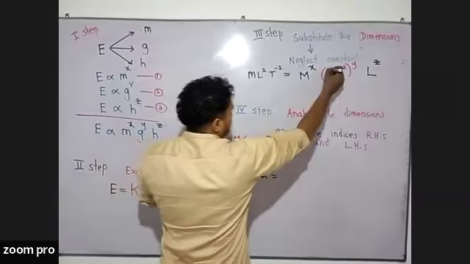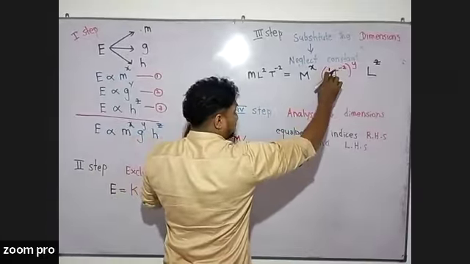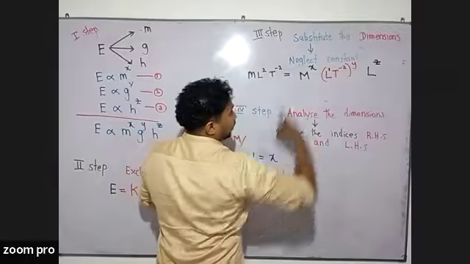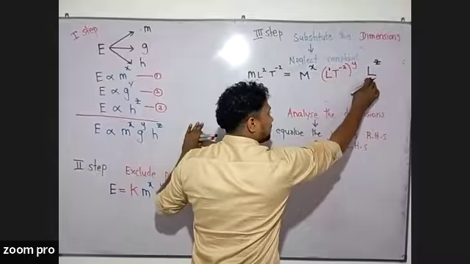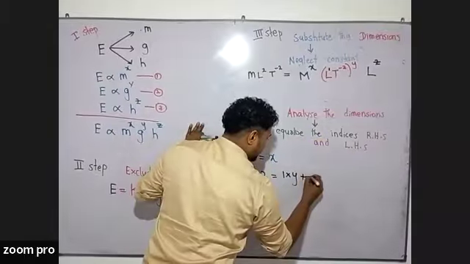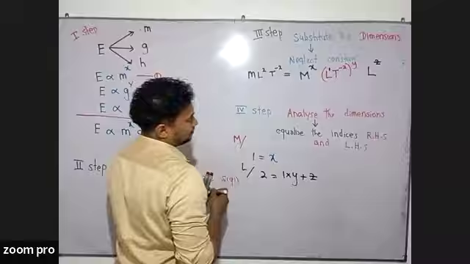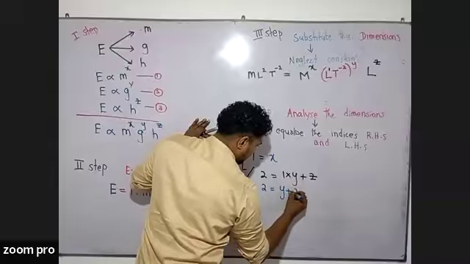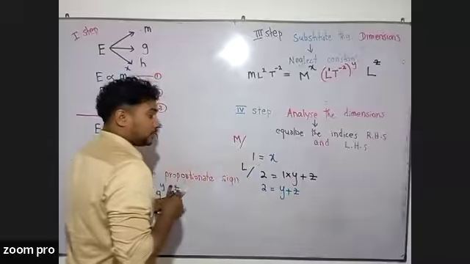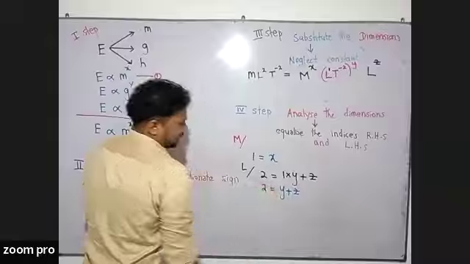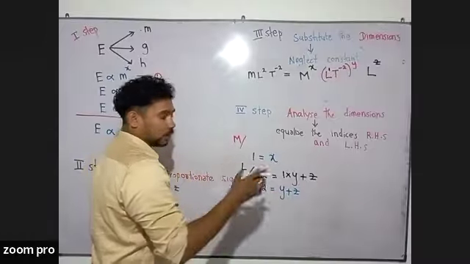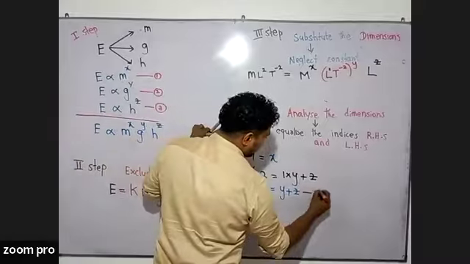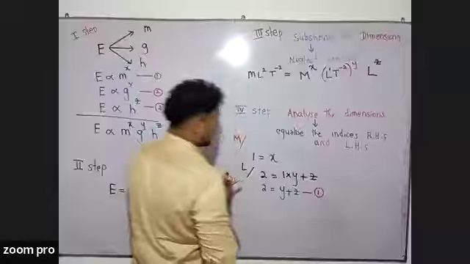At this point the index should be 1, and it should be multiplied by y, so 1 into y. On the other side, this L has a power of z, so plus z. If I further simplify it, y plus z. You can figure out that we can't obtain a value for y or z because it looks like a simultaneous equation. So let's keep this as the first equation.